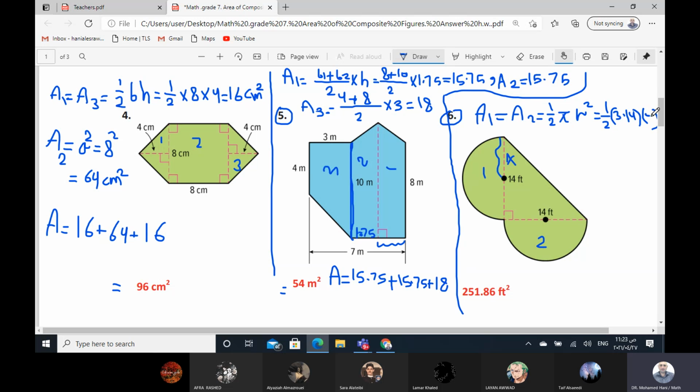So the r will be 7 squared. Now 3.14 times 7 squared, means 7 times 7, 49, will be 153.86. Divide by 2. So the answer will be 76.93 ft squared.